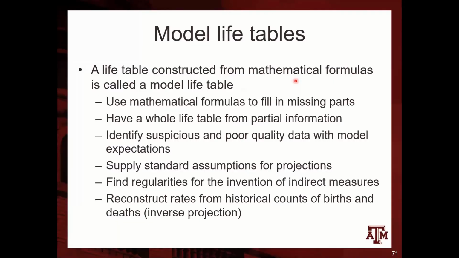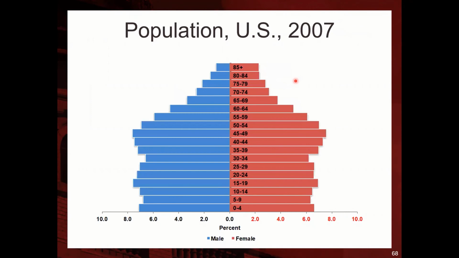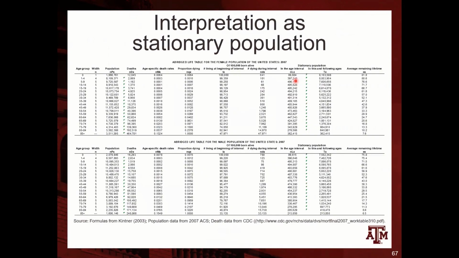And when you unzip the file that it's on the mortality chapter in the course website, one of the files will be this estimation here of the US mortality life expectancy with data in 2007, using population data from the American Community Survey, and death data from the CDC.